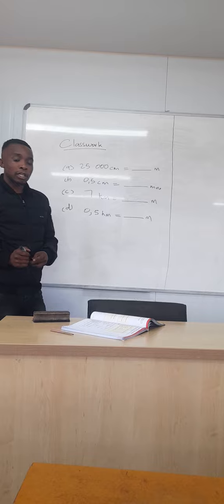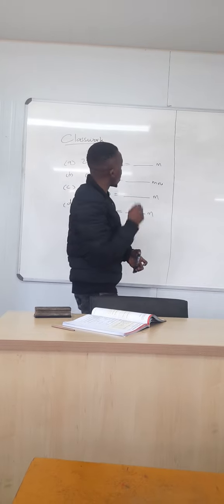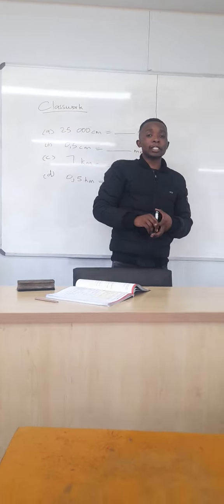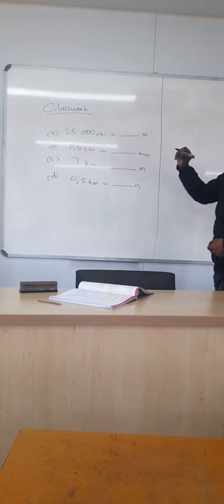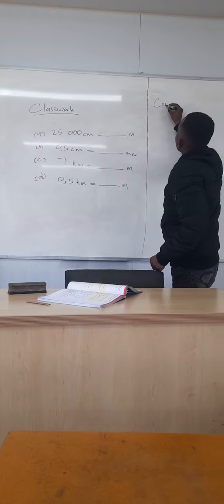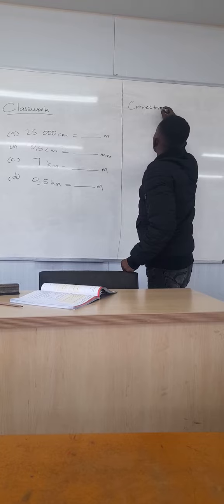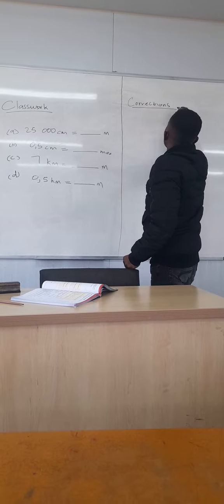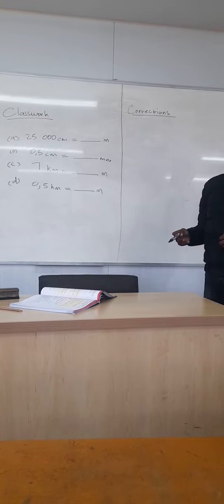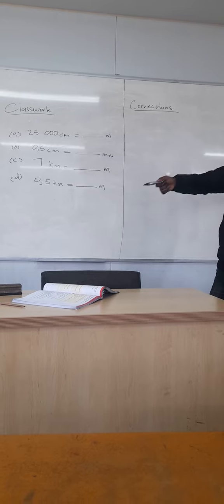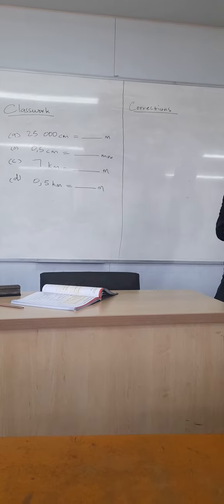Okay, so I think we're all done doing the activity. So let us now do the corrections. Let's start with the first one. So I have given you 2 methods of converting the units of length.